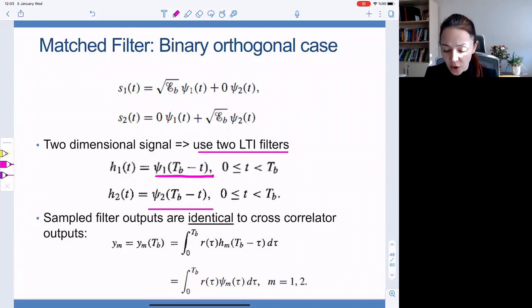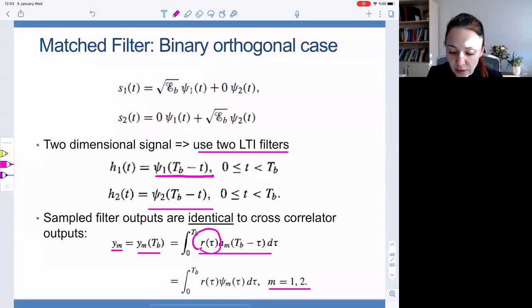So let's again consider the orthogonal case, meaning two dimensions. We'll have two matched filters, therefore two matched filter outputs, Y1 and Y2. Y1 is the output of the incoming signal going through the first matched filter sampled at time TB.